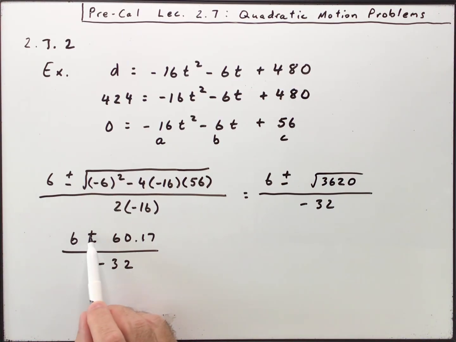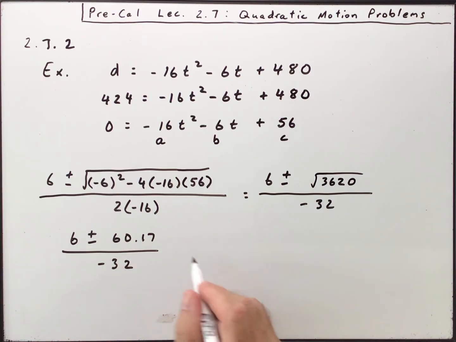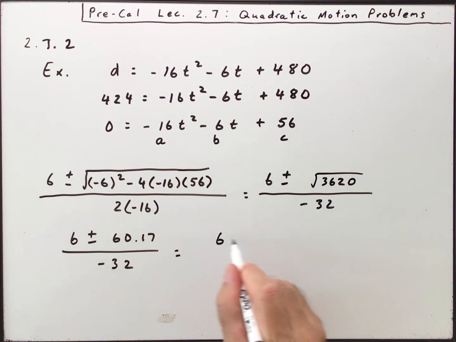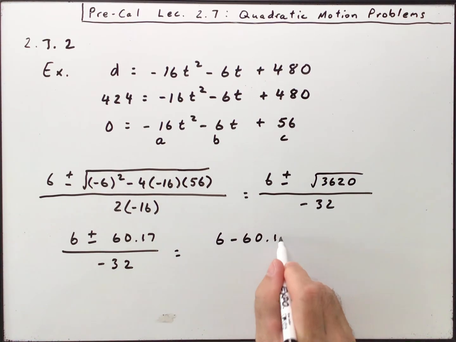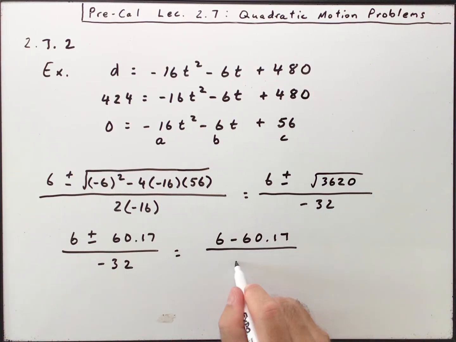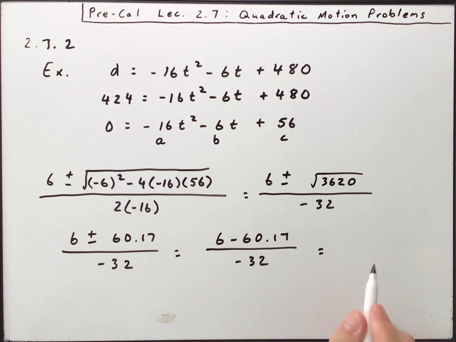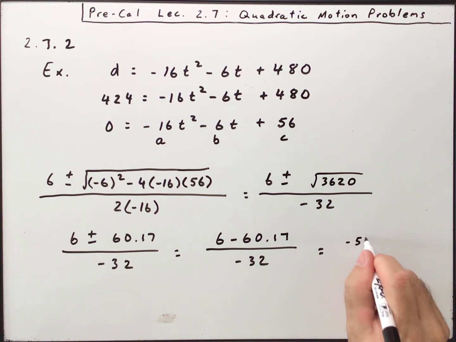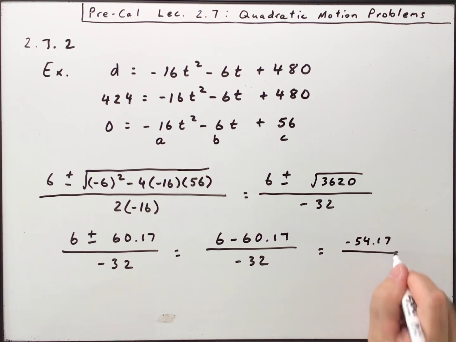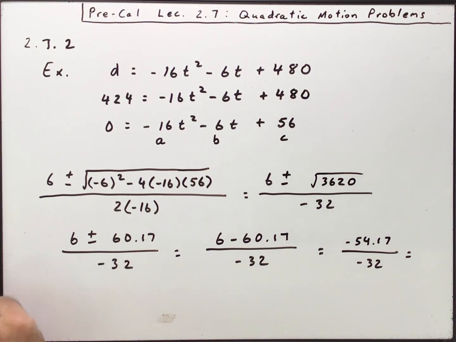So 6 plus 60.17 would give me a positive number, and then divided by negative, I would get negative. So let's do 6 minus 60.17 over negative 32. So it's going to be negative 54.17 over negative 32. So the other answer would be negative. Not going to bother with it.